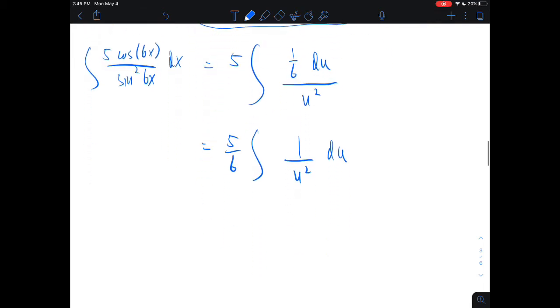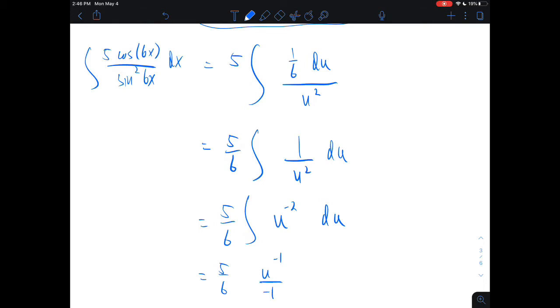And then when you're trying to think of antiderivatives, now we've got a very simple function as our integrand. Here, I would recommend writing 1 over u squared as u raised to the power -2, because then you can see that you're just going to use the power rule for antiderivatives. So this means that I would have u to the -1, but then I have to divide by that new power.